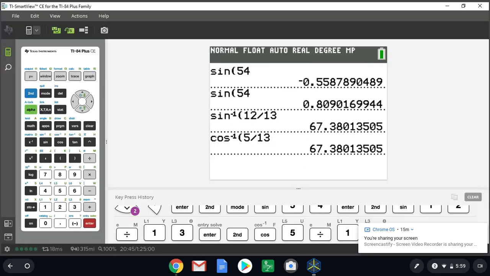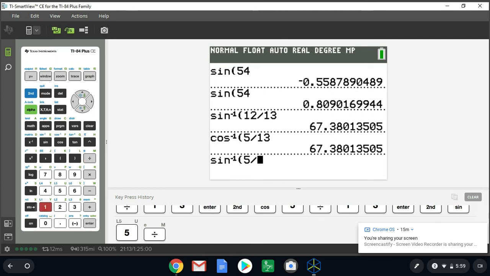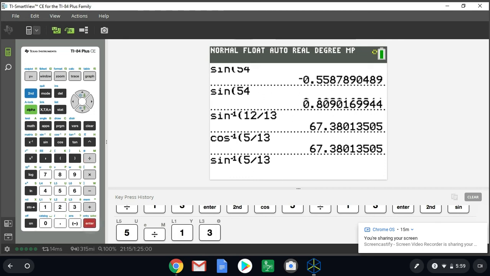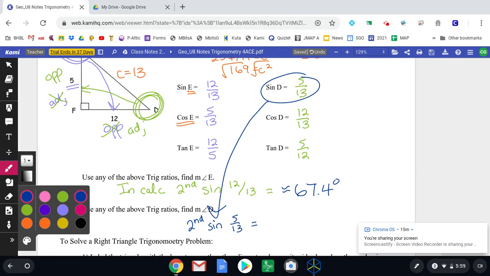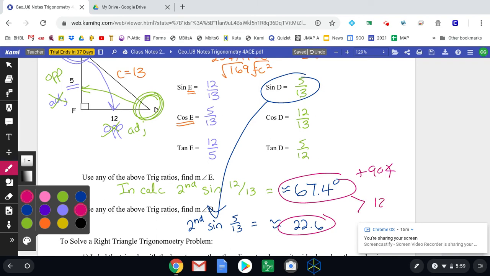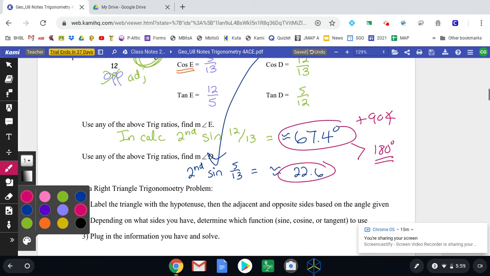In my calculator, second sine 5 over 13, I get about 22.6. Well, isn't that what that should have been anyway? So this plus a 90-degree angle all together has to be 180 degrees.